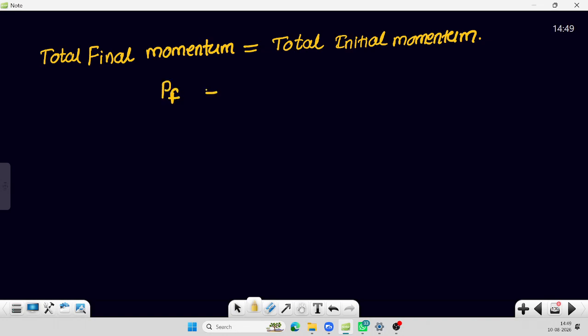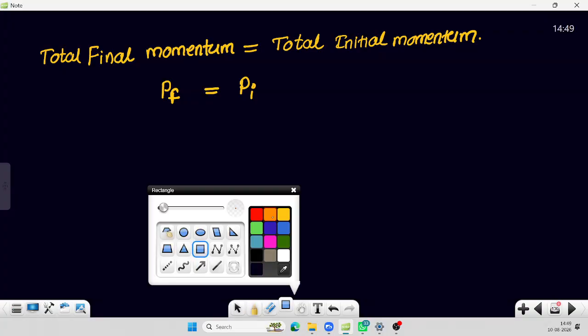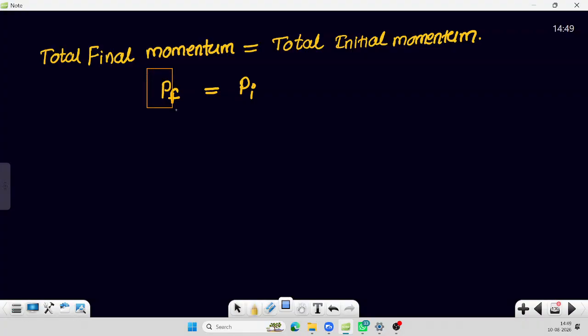If I say the final momentum is PF, that should be equal to the initial momentum PI. This is the law of conservation of linear momentum.